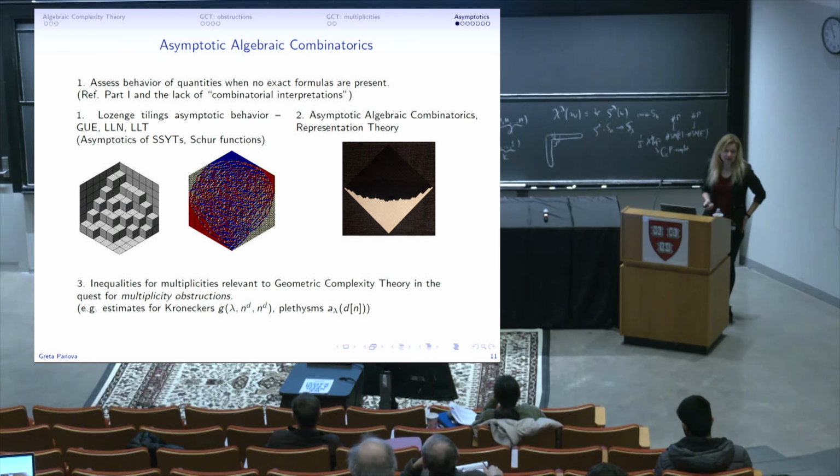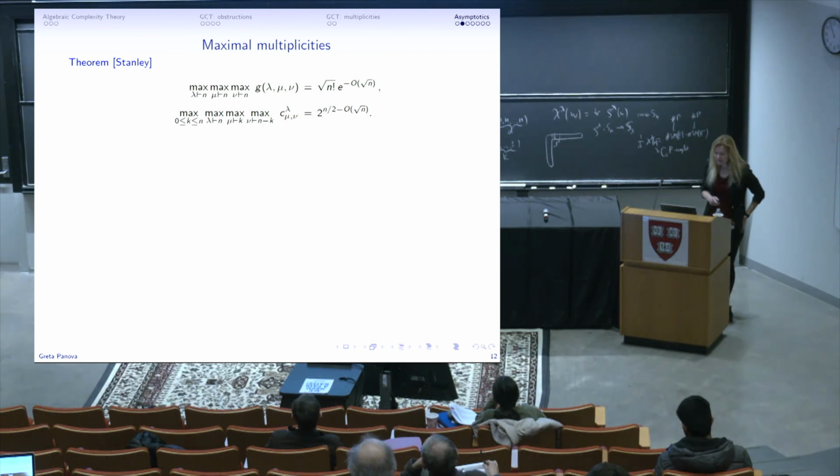So what kind of things do we know already? And basically everything else is going to be an open problem from then on. So for example, we can look at what's the range of values. What's the maximal Kronecker coefficient, or the maximal Littlewood-Richardson coefficient, and so on.